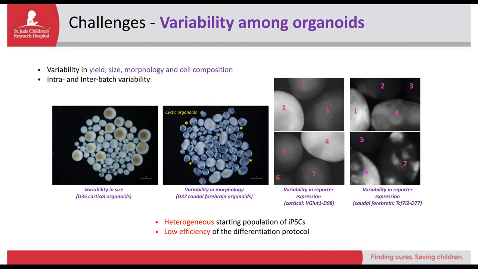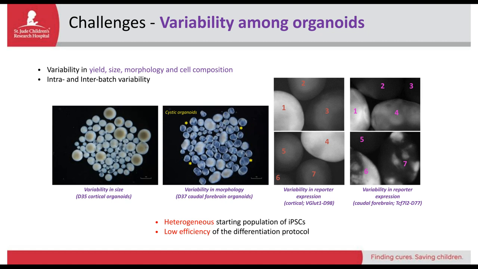There could be many reasons, but the two reasons that we are focusing on resolving in the lab are, first, if you start with a heterogeneous population of iPSCs, a population of iPS cells which are already heterogeneous with regard to their genomic abnormalities or their epigenetic profile.